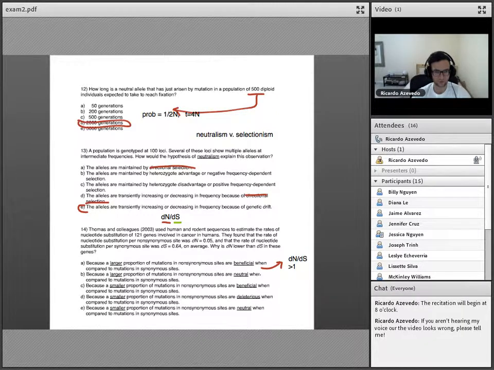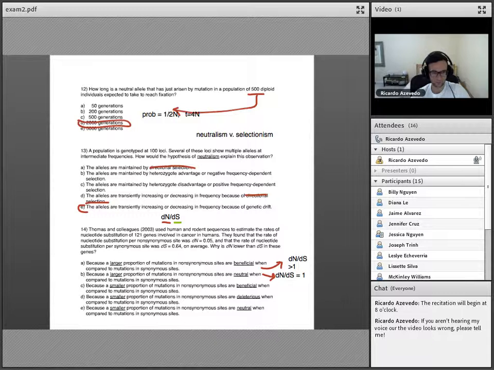B, because a large proportion of mutations in non-synonymous sites are neutral. In that case, dN/dS would be approximately equal to 1. These are approximations in this case. C, because a smaller proportion of mutations in non-synonymous sites are beneficial when compared to mutations in synonymous sites. Let's keep that there.